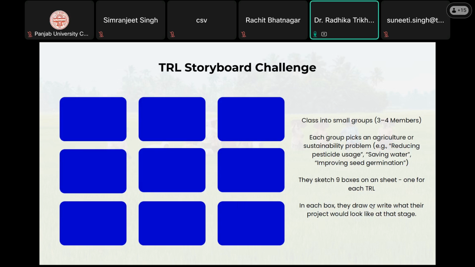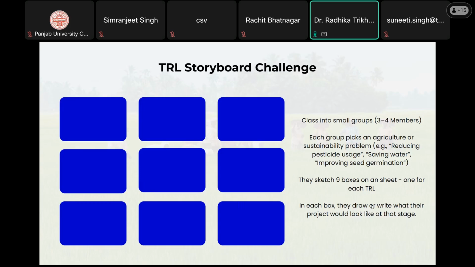Our idea is to manufacture a device to identify presence of germs or chemicals in agricultural products. So it is a TRL 1 idea. Then we made a drawing and the device components which we require to develop this device. This is TRL 2.